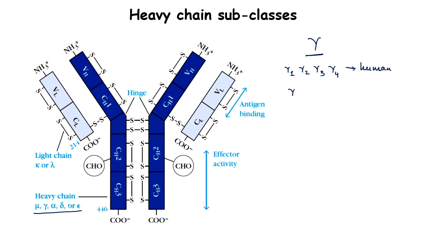In case of mice, it is gamma 1, gamma 2A, gamma 2B and gamma 3. Now alpha is also divided into 2 subclasses, which are alpha 1 and alpha 2.